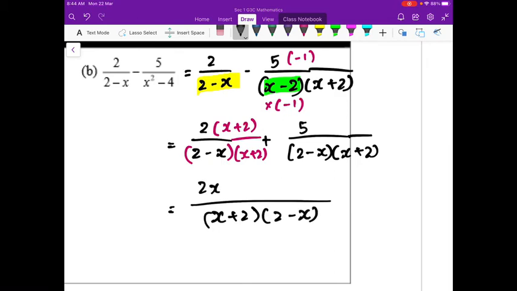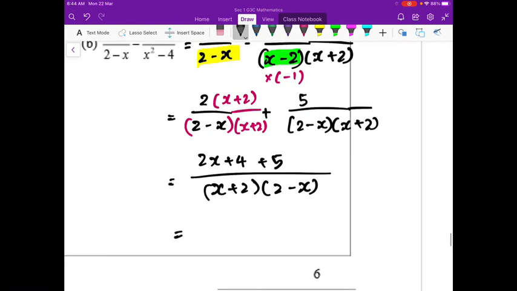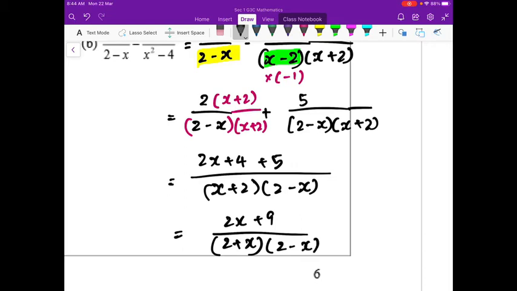Numerator, 2x plus 4 plus 5. So we end up with 2x plus 9 over 2 plus x, 2 minus x. And this is the answer. Any questions?